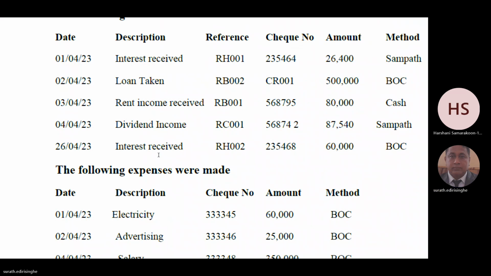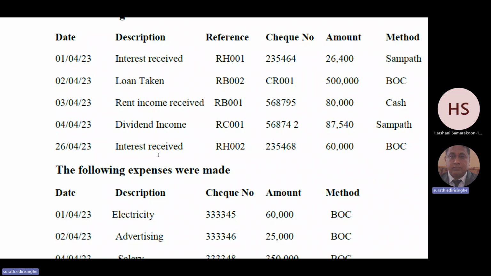Rupees 60,000 capital repayment and rupees 30,000 on interest portion. Interest payment.